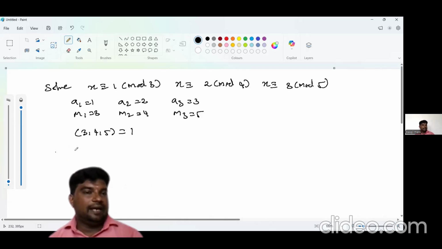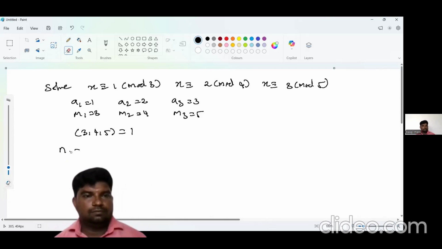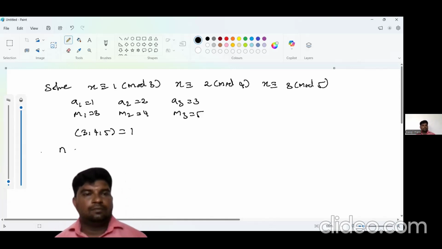First find n. n means m1 × m2 × m3, so 3 × 4 × 5, that is 60.